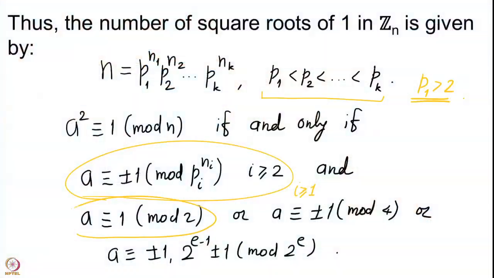So, there are exactly 2 power k solutions when 2 does not divide your number. When 2 divides your number, there are 3 possibilities: 2 divides but 4 does not divide, 4 divides but 8 does not divide, and 8 divides it. When 2 divides but 4 does not divide, then we will be in this case, and in this case there is a single equation for 2.